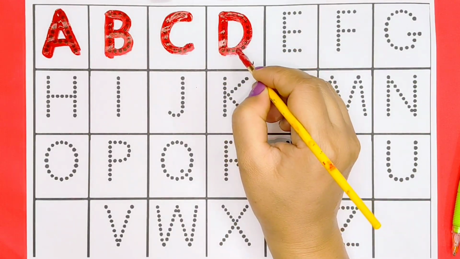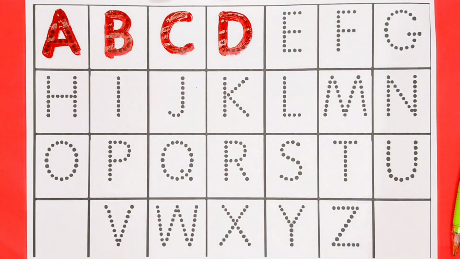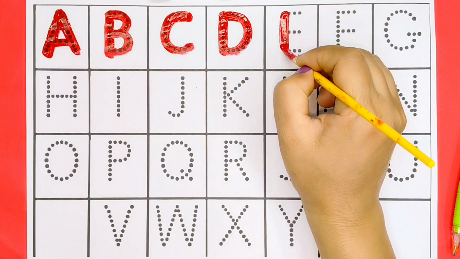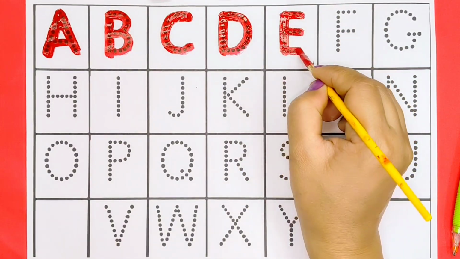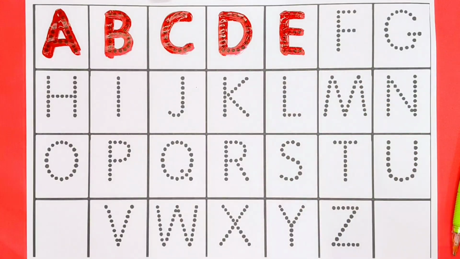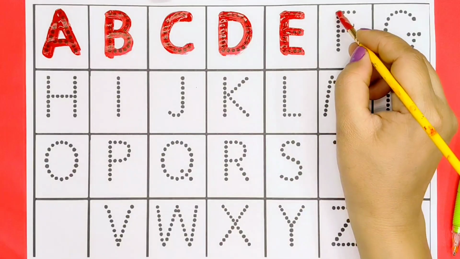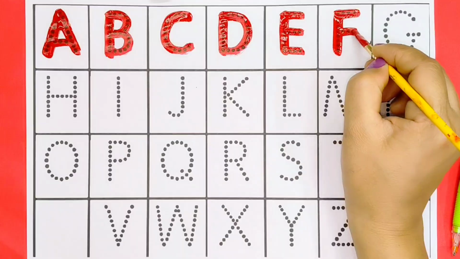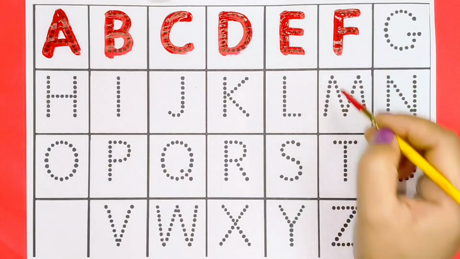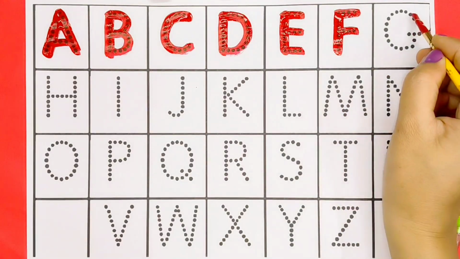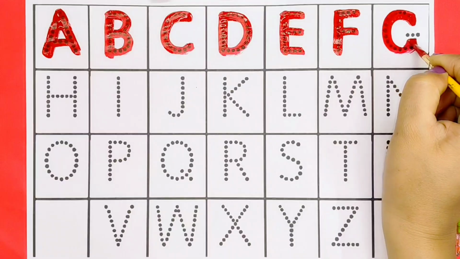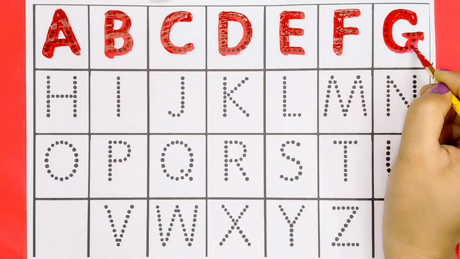D. D for doll. E. E for elephant. F. F for fingers. G. G for grass.